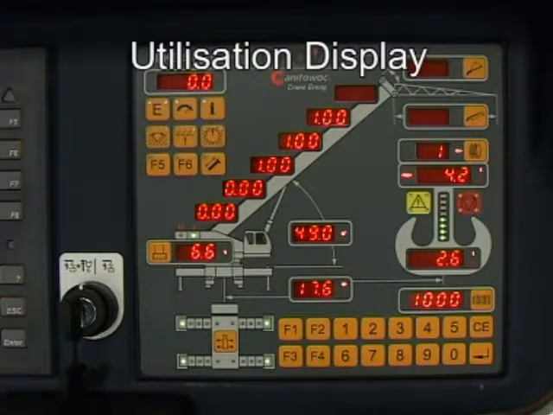Current load utilization display. The LEDs will light up to indicate the percentage of permissible load. Green 0 to 90%, yellow 90 to 100%, red greater than 100%.